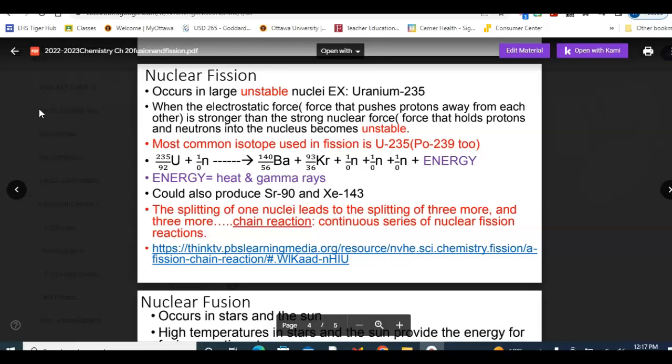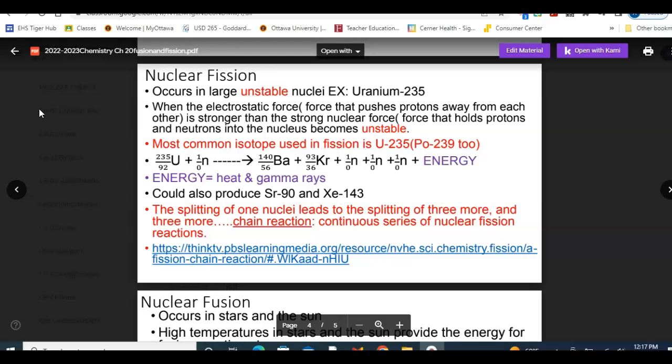This energy could be heat or gamma rays. If you remember on the electromagnetic spectrum, the highest energy electromagnetic radiation are gamma rays. Besides barium-140 and krypton-93, this reaction could also produce strontium-90 and xenon-143.